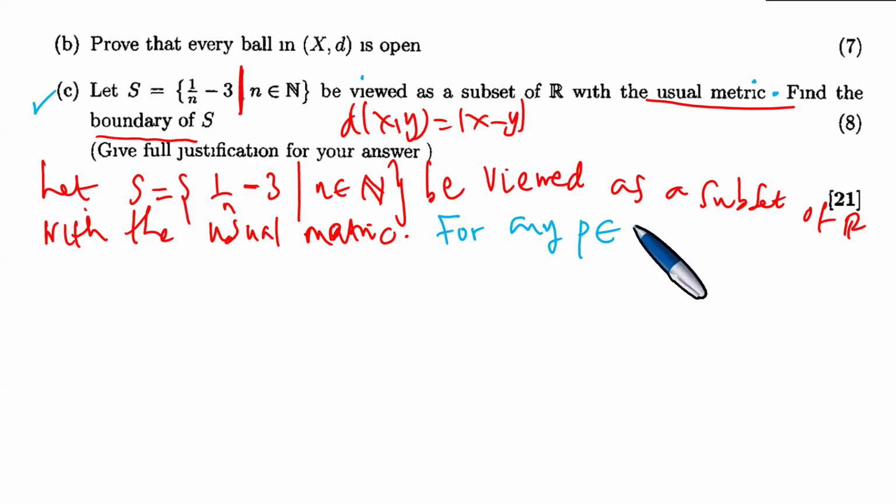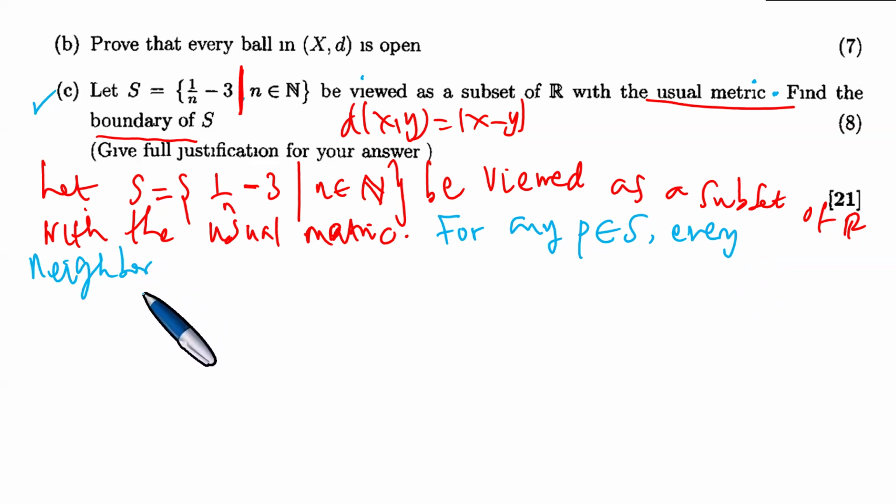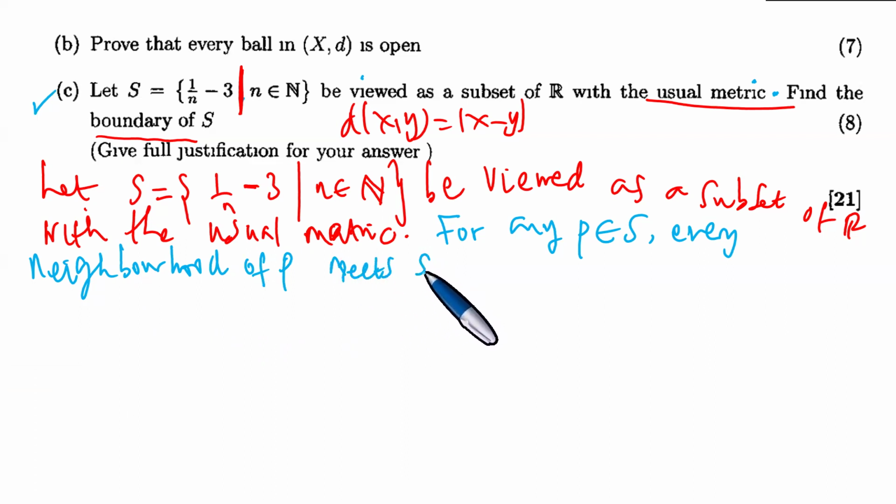So for any P, which is a member of S, every neighborhood of P meets S at P, for instance.